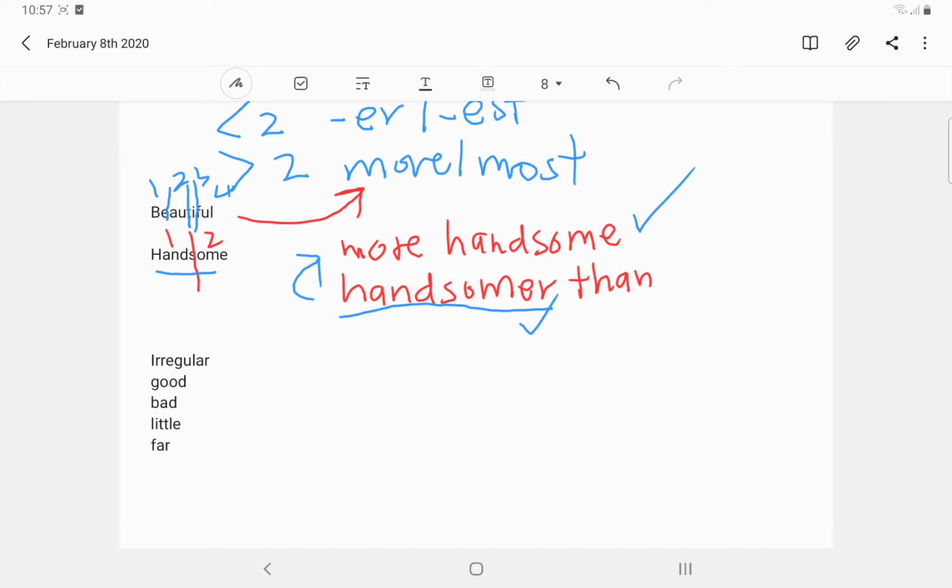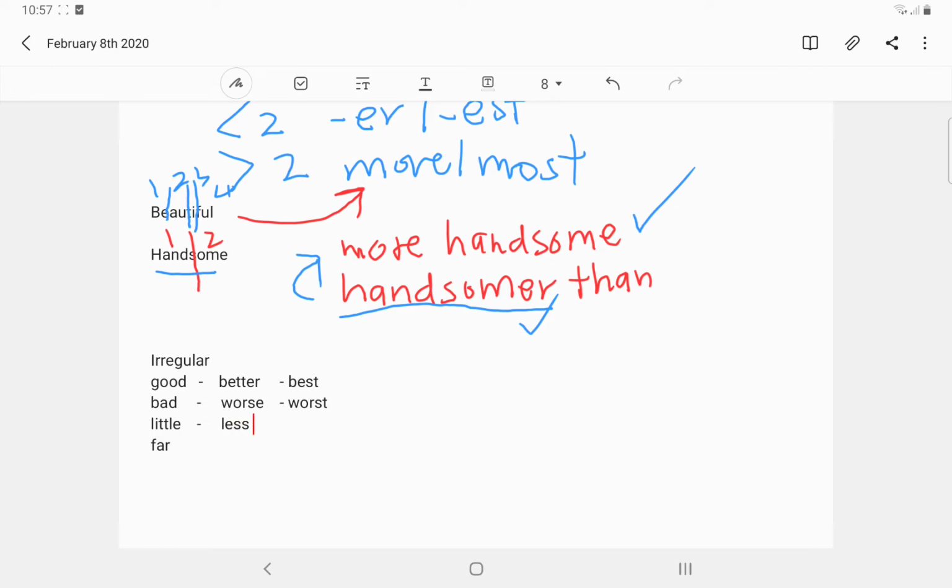So irregular, dia perkataan dia macam ni. So positive form dia adalah good. Lepas good, dia akan jadi sebagai better. Dan lepas better, dia akan jadi sebagai best. So kalau bad, dia akan jadi worse. Kalau lagi satu, dia akan jadi sebagai worst. And then little, dia akan jadi less.